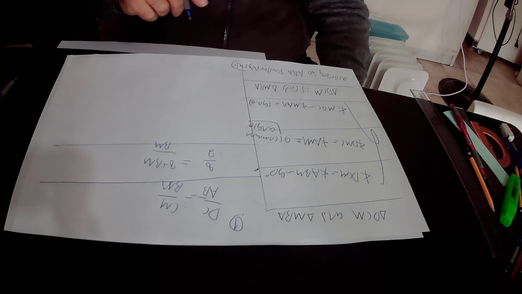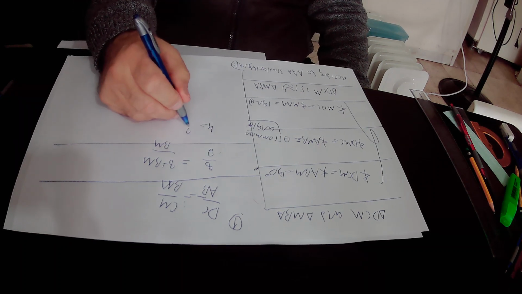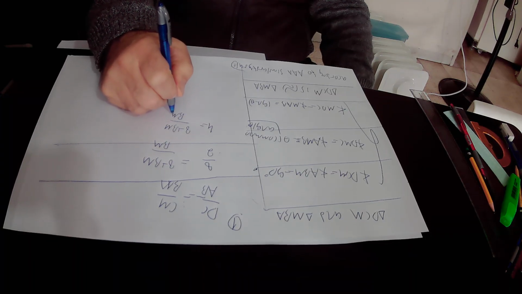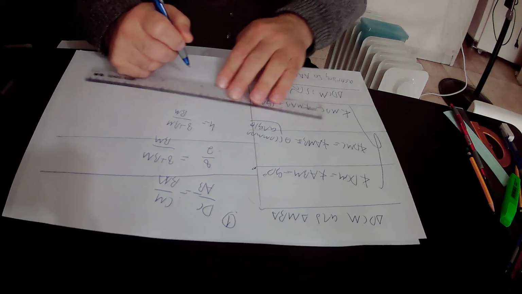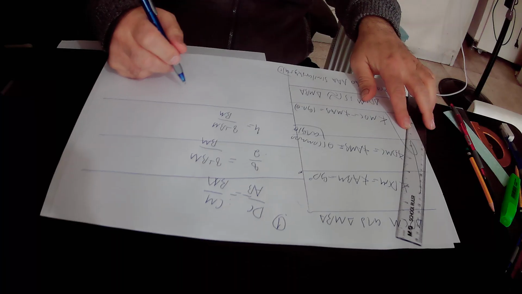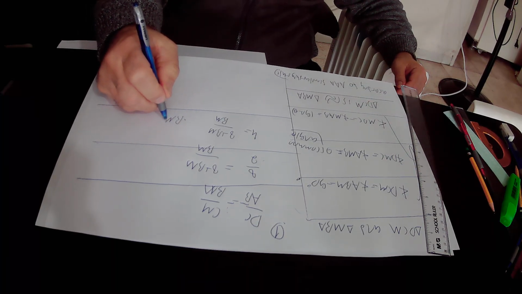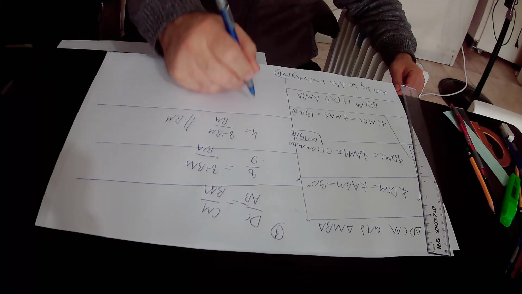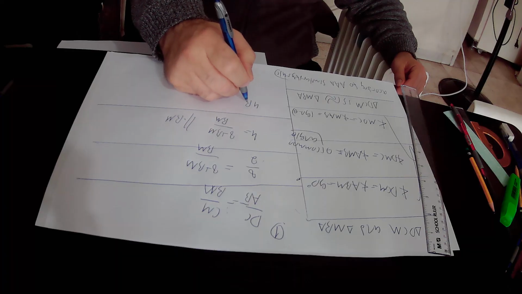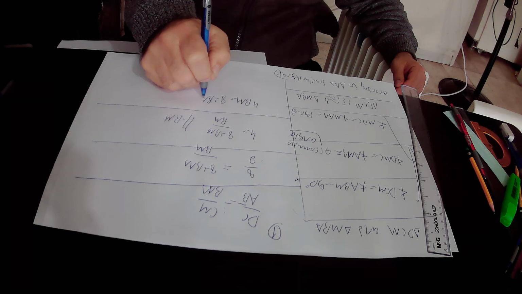8 over 2 is 4, so 4 equals 8 plus BM over BM. Here we will multiply this equation by BM, and we'll get that 4 times BM equals 8 plus BM.